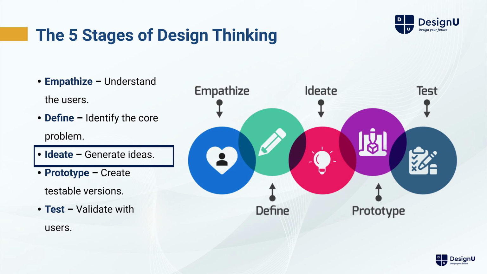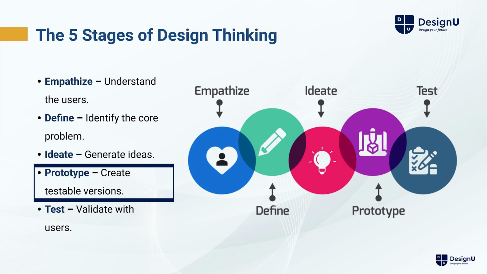Then you ideate. In this stage, you generate ideas. You generate ideas that are actionable. It's not just to generate ideas. So you have to go through the ideas and actually select those ones that are actionable. At the beginning, you can create as many as possible, but you have to limit to actionable ideas. Then once you are done ideating, you have to prototype.